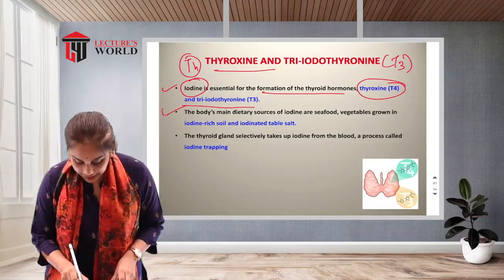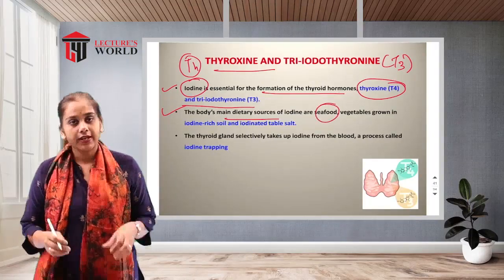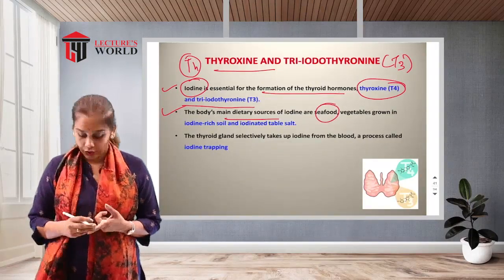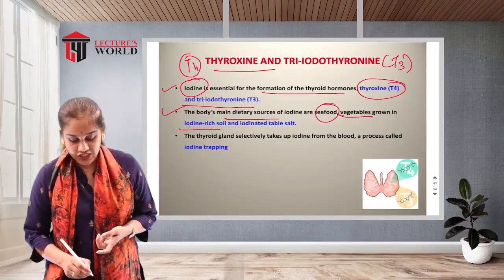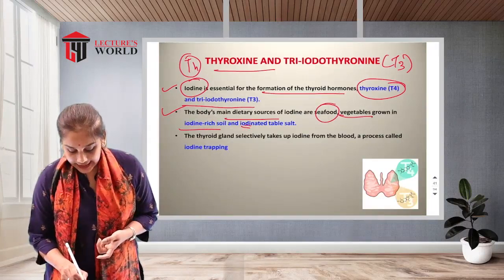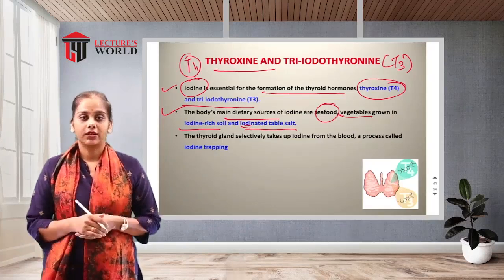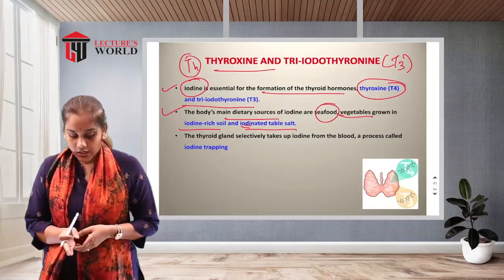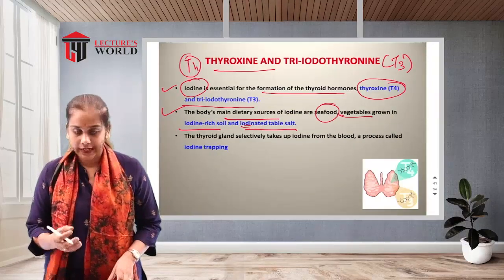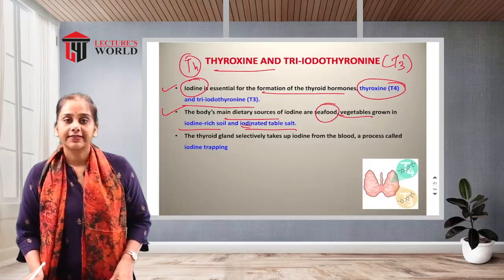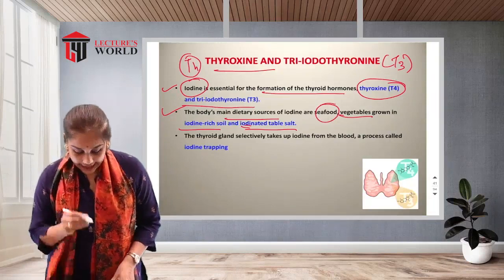The body's main dietary sources of iodine are seafood, which contains a large amount of iodine, vegetables grown in iodine-rich soil, and iodinated table salt. So we have to take iodine in our diet for the production of T3 and T4 by the thyroid gland.